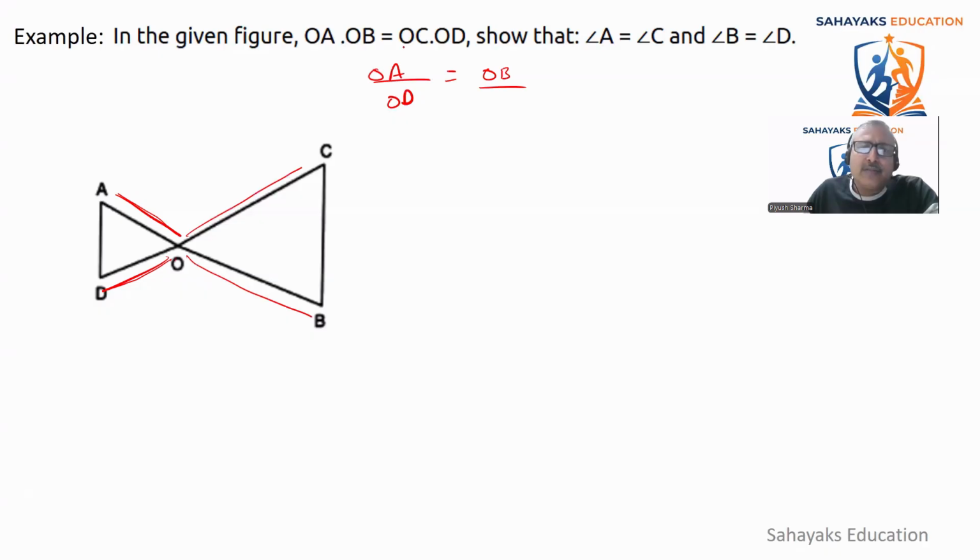OA divided by OD, so OA, OD. I just move it out here. OA divided by OD is equal to OC divided by OB. Okay, and this angle is equal to this angle, so angle AOD is equal to angle COB.